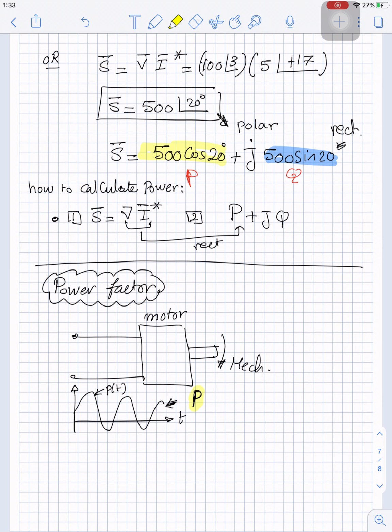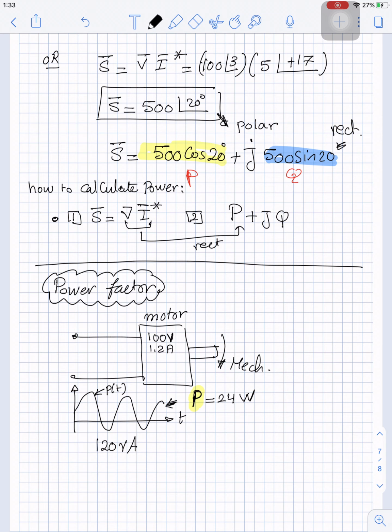Now, if this motor takes 120 volt ampere, but P is equal to 24 watt. Say this motor is 100 volt, 1.2 ampere.